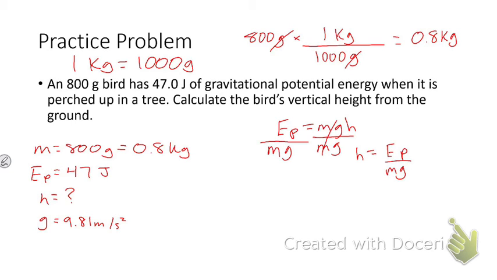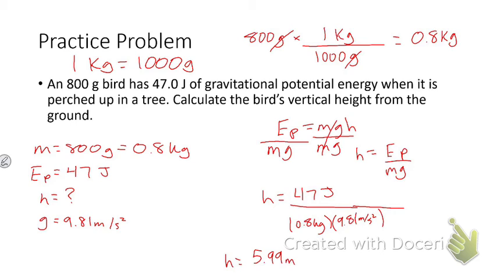Now that our units are good, we can plug this into our formula and solve it. So 47 joules divided by our mass, which is 0.8 kilograms, times the acceleration due to gravity. And my height is going to be, what units will that be in? Meters. How do you know that? In this equation, you measure height in meters.